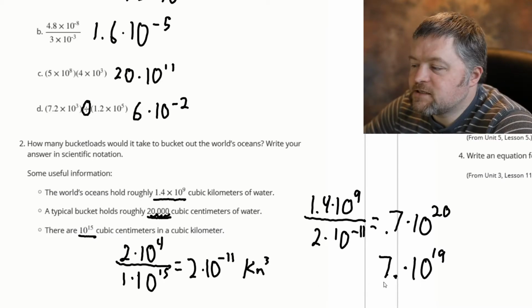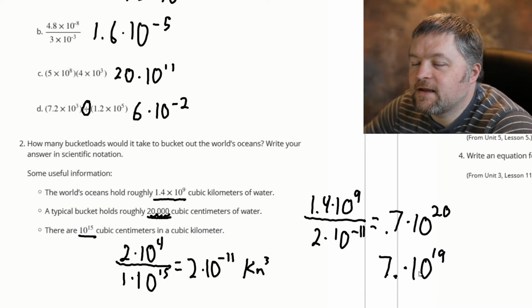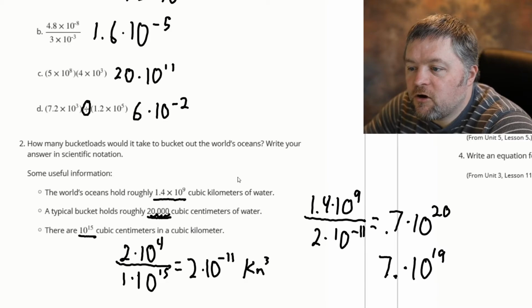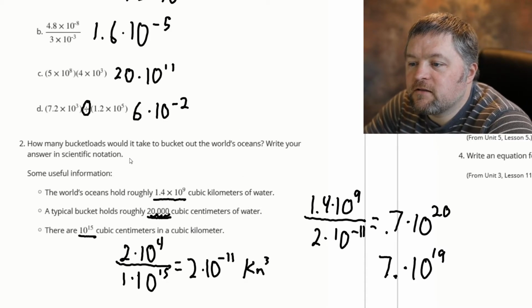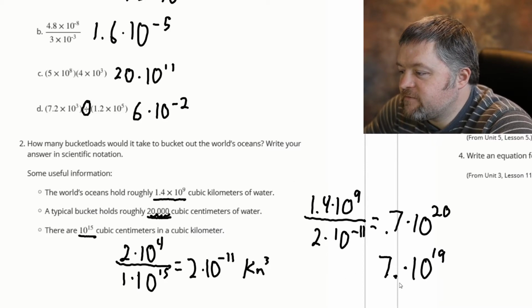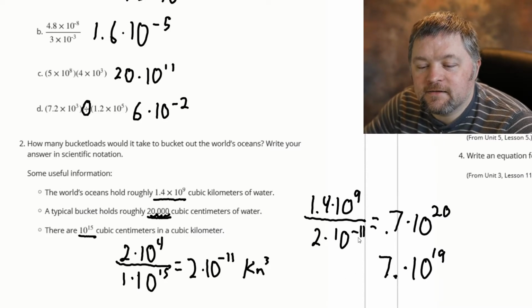There are 7 times 10 to the power of 19 buckets in the world's ocean. How many bucket loads would it take to bucket out the world's oceans? 7 times 10 to the power of 19.